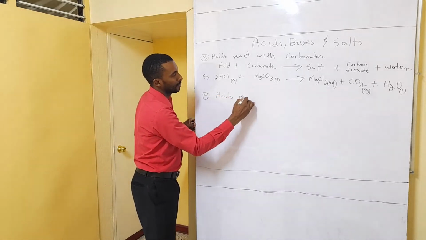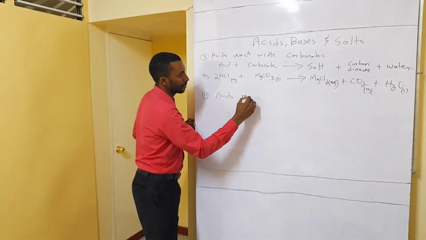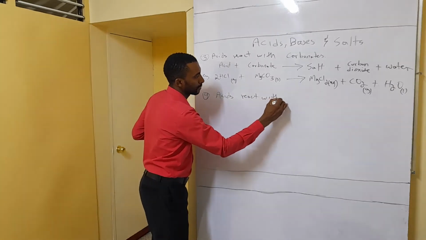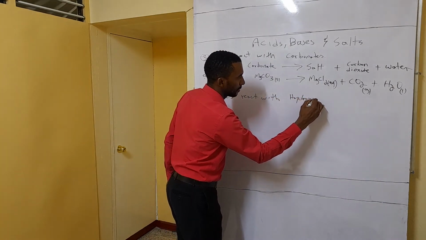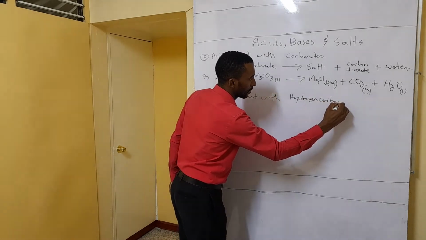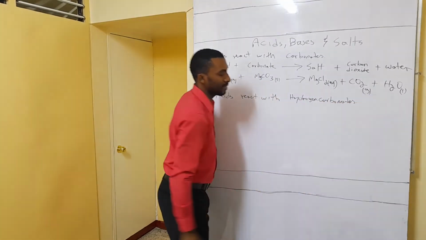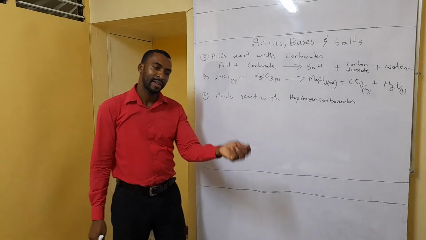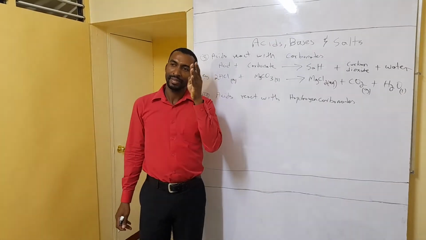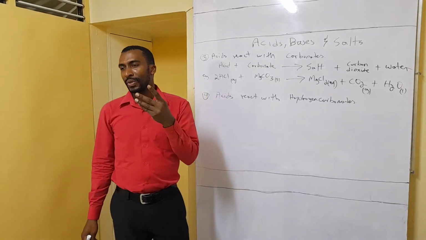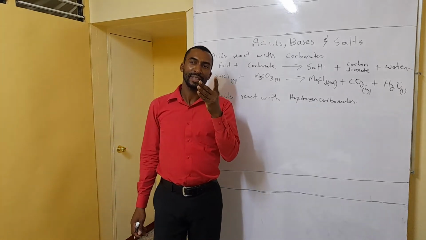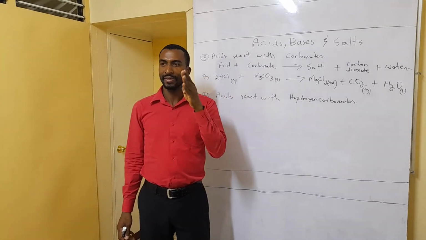Acids react with hydrogen carbonate, right? Alright, so this is basically a carbonate, but instead of both protons being substituted from the carbonic acid, they just substitute one with a sodium.